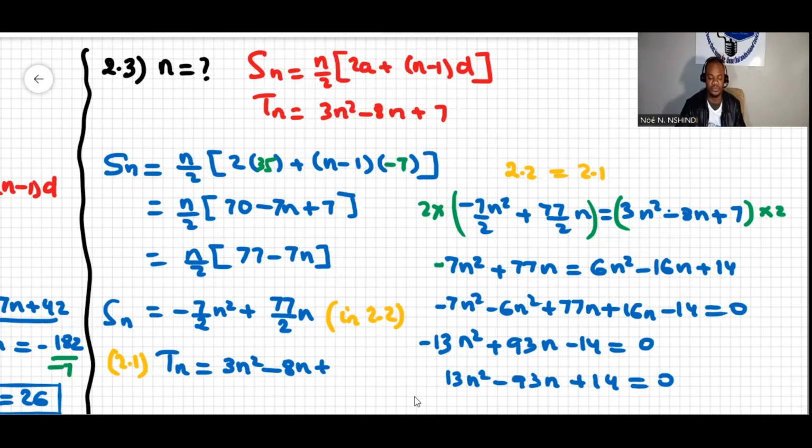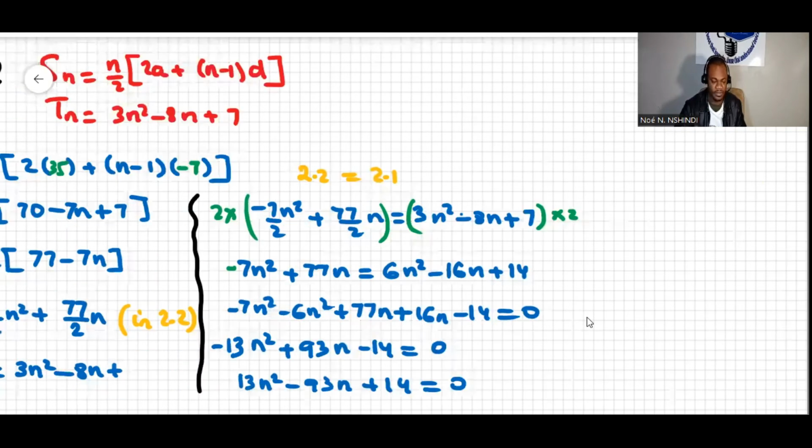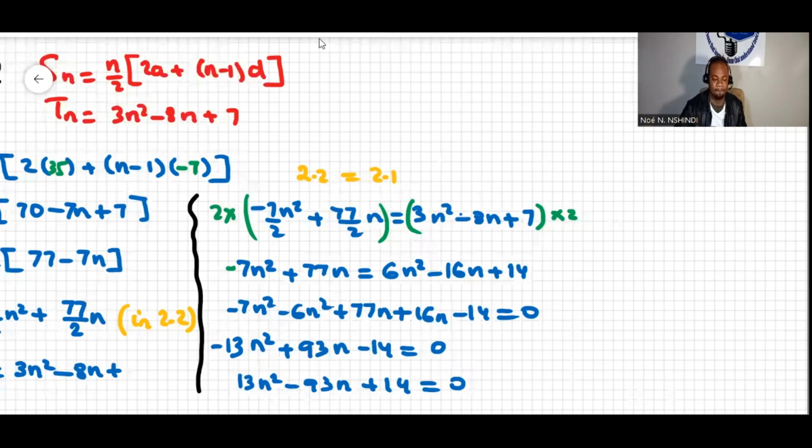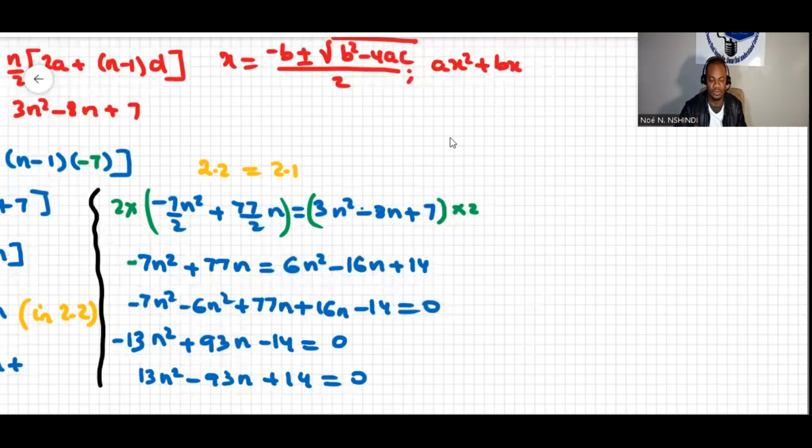Now we can solve this by factorization, or we can use the quadratic formula. I think the numbers are quite large, so in this situation I prefer to use the quadratic formula. The quadratic formula is given by x equal to minus b plus or minus the square root of b squared minus 4ac, all over 2a. This is because the quadratic equation is ax squared plus bx plus c equal to 0.